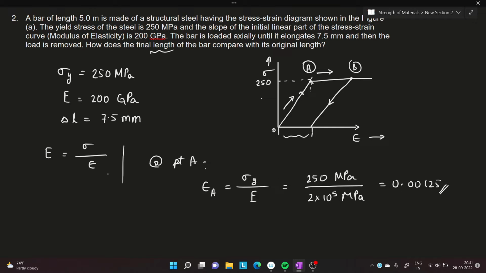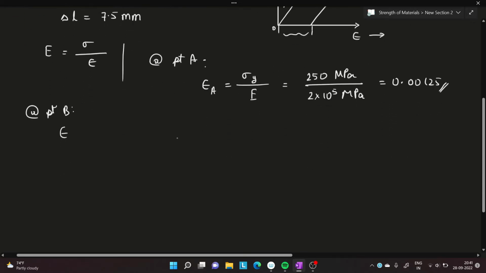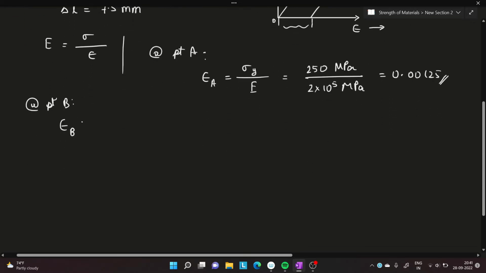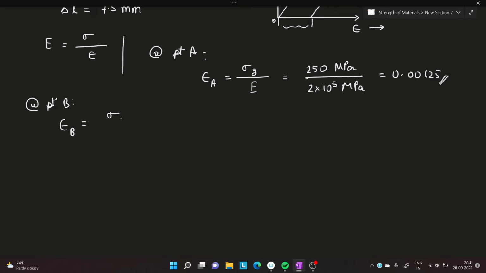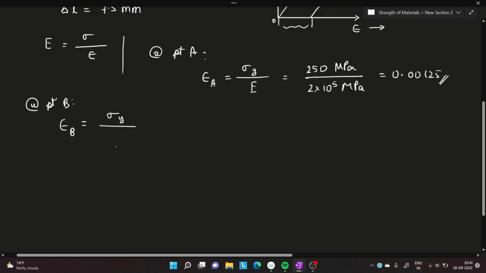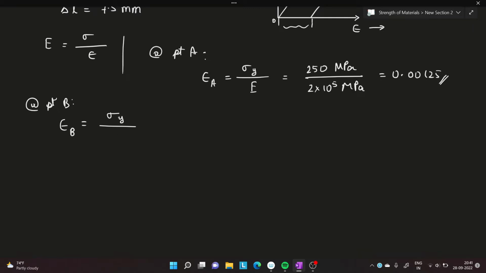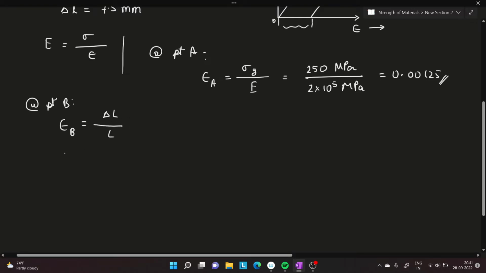0.00125 is the strain. So at point B, again I'm going to do the same thing. The stress is the same, since there is no excessive loading happening, the stress is going to remain the same. But instead of using this formula, I can go with the change of length divided by the original length formula.